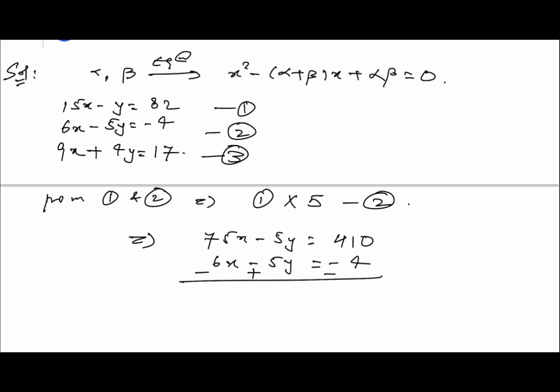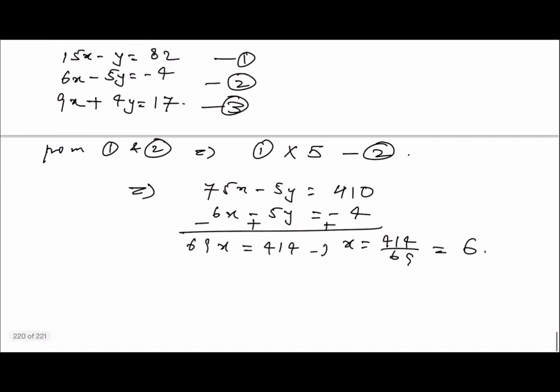On subtracting, this will be 69x is equal to 414. So x is equal to 414 upon 69, means x is equal to 6.